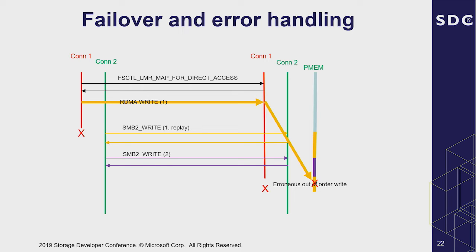And the only way, at least we could think of, to prevent that would be to deregister before you attempt a retry of a write on a secondary channel or using the protocol or whatever it is. You have to make sure that all previous registration or I/O to that region has drained, and the way to do that is to kill the registration, to close down the registration, so any RDMA writes would fail there.